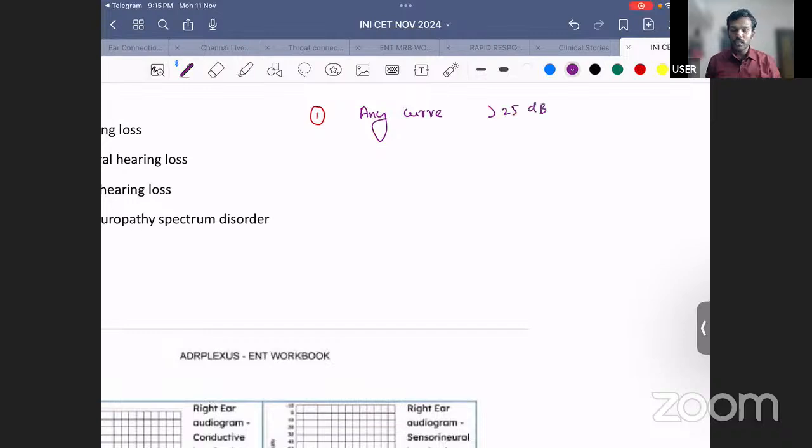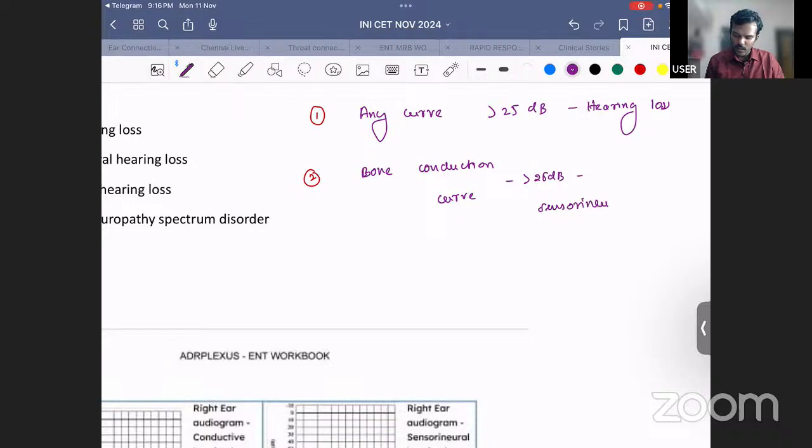Any curve more than 25 decibel, you can confirm hearing loss is present. The second is, if the bone conduction curve is more than 25 decibel, it confirms that there is sensory neural hearing loss.